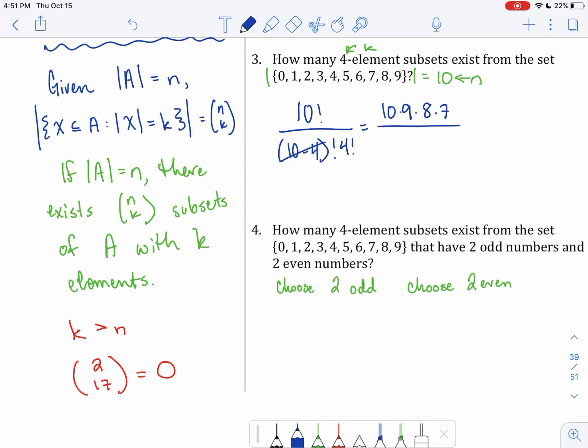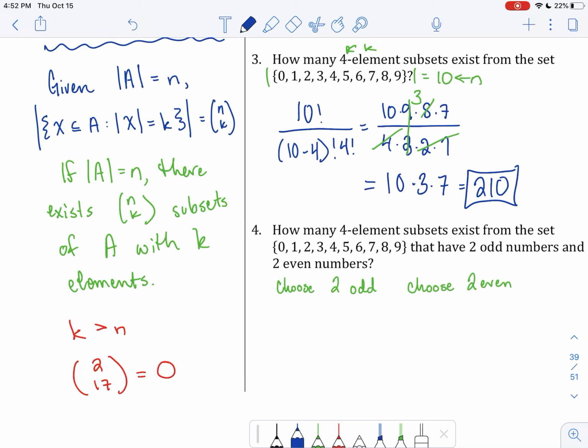The 6 factorial down here is canceling out over here. And over 4 times 3 times 2 times 1. Simplifying, the 4 and the 2 together cancel out the 8 entirely. The 9 and the 3 simplify, and we get 10 times 3 times 7, which is 210.